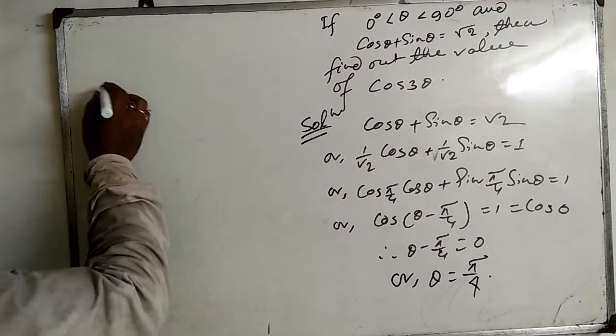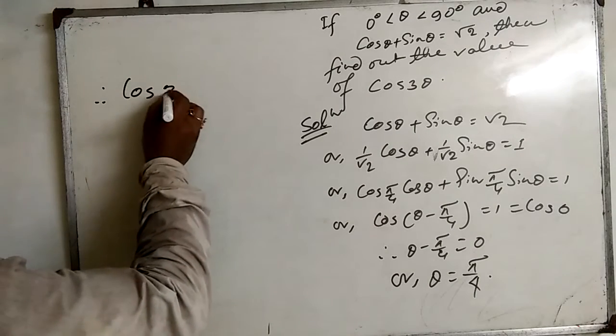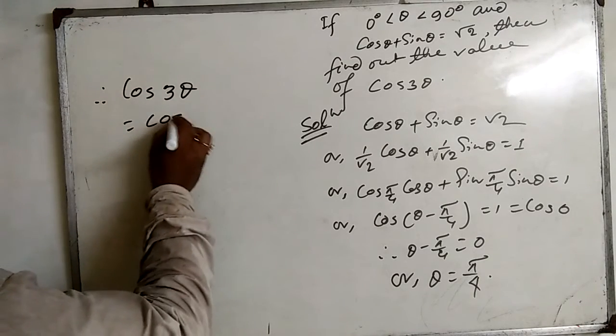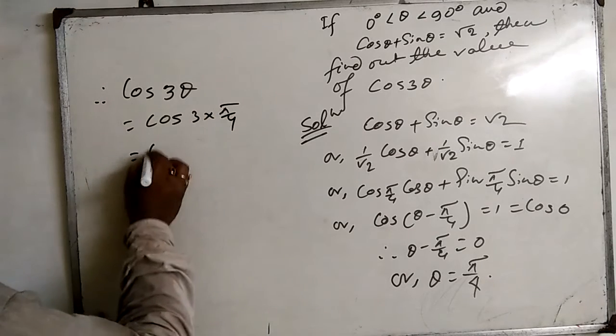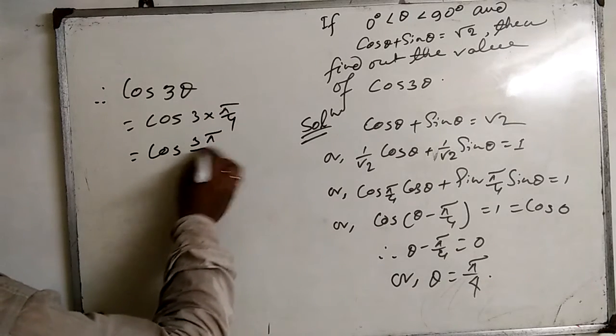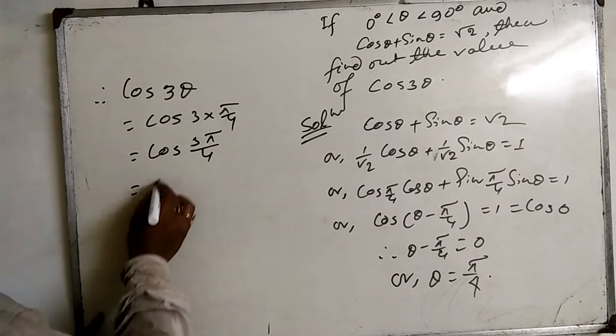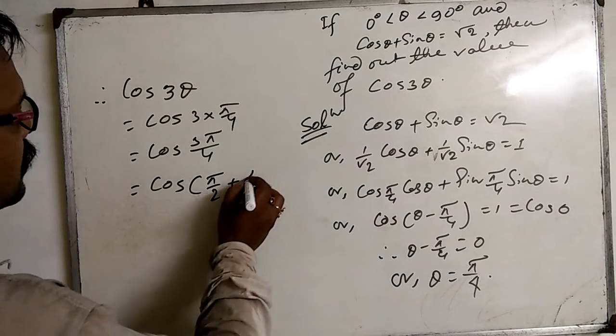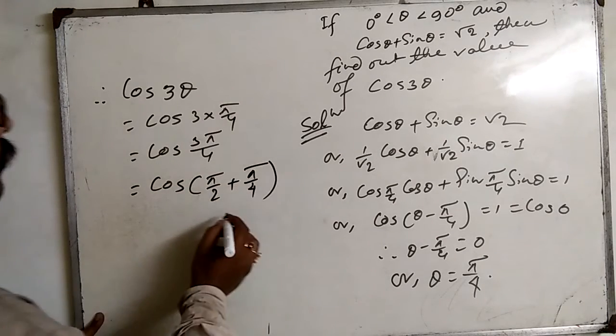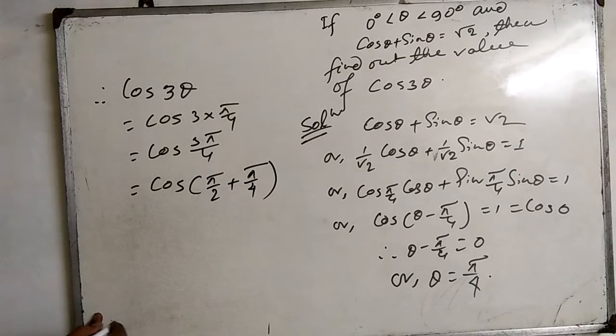Then we can simplify. Therefore cos of 3 theta equals cos of 3 into pi by 4, that is cos 3 pi by 4, that is cos of pi by 2 plus pi by 4. We can write that.